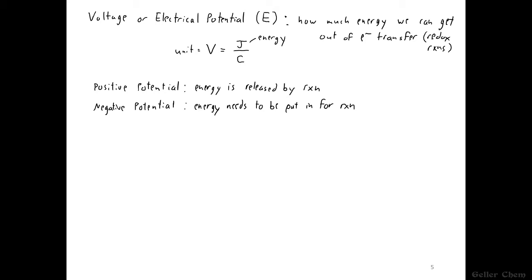Now I'm going to do a sample problem, and after it's over, I'll discuss why it's actually somewhat interesting. But first, the problem itself. If we have 9.00 volts, notice it's positive. That means energy will be released by any reactions. How much work can be done?